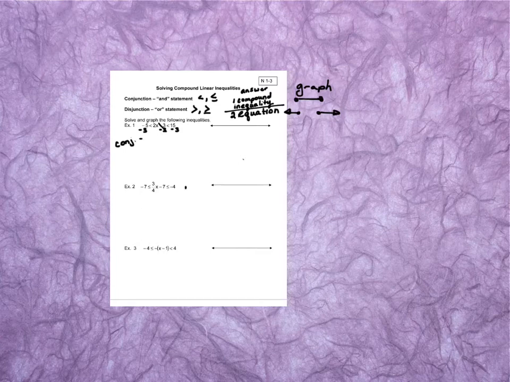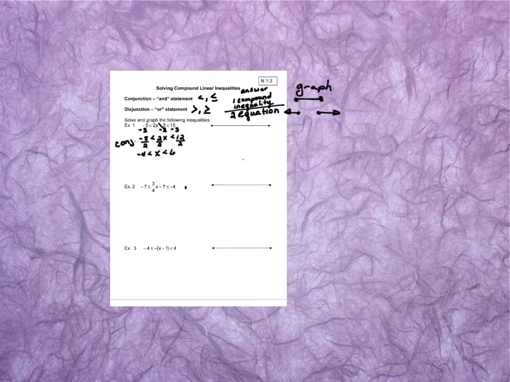So now we have -8 is less than 2x, which is less than 12. You'll divide by 2, and we still need to worry about reversing the signs if we have to divide by a negative. 2 is not negative, so we don't have to worry about that. So you have -4 is less than 1x, which is less than 6.